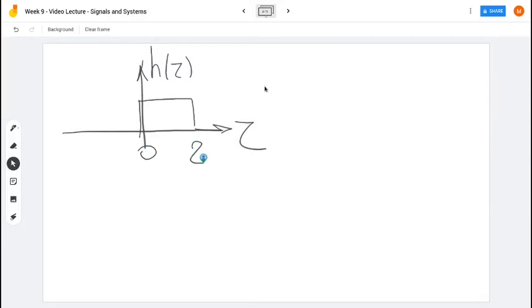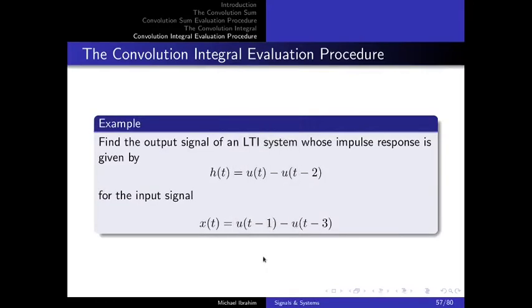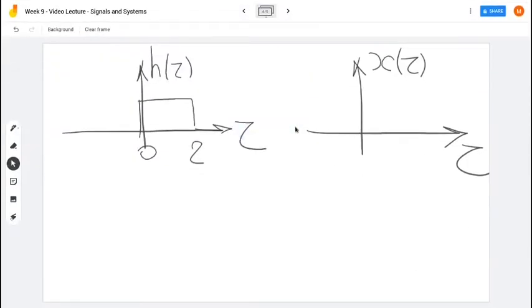And over here, let's plot x of tau, which is a rectangular pulse starting from 1 up to 3. So it's u of t minus 1 minus u of t minus 3. So it's a rectangular pulse from 1 up to 3. And of course the height is 1.